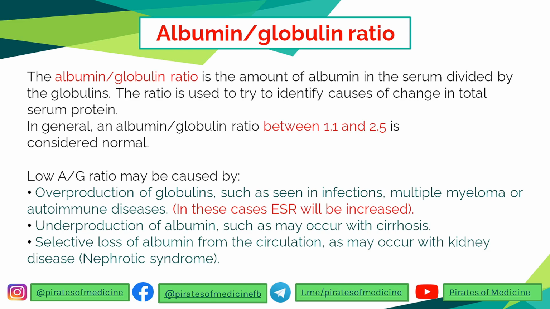This is because the plasma protein proportion is changed, so that either albumins are underproduced or mostly globulins are overproduced, which leads to the erythrocytes taking more time to settle down. So this is mostly seen in cases when globulins are overproduced, like in infections or multiple myeloma.